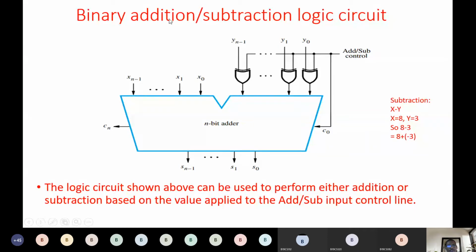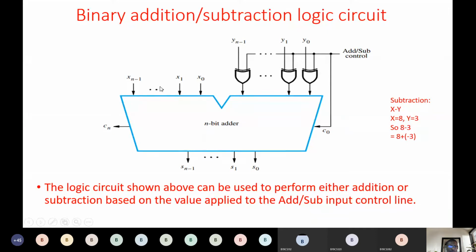Now the question is, we want to do both addition and subtraction of binary numbers. This is a logic circuit which does both addition and subtraction, and we already know addition and subtraction are done the same way, with only one difference. In this circuitry you can see the X inputs and the Y inputs.